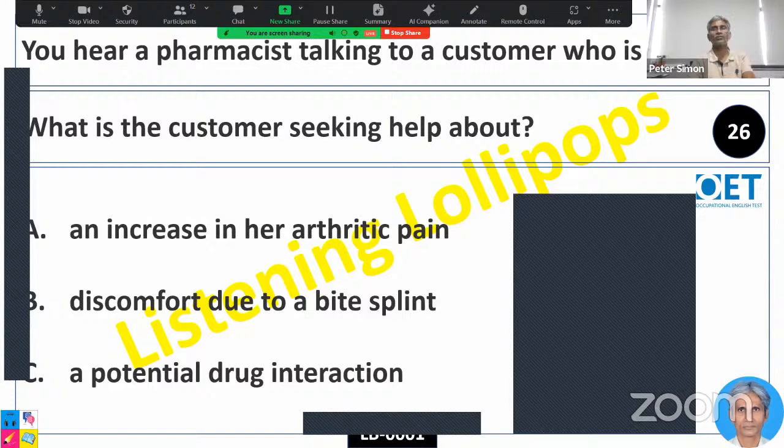Who is offering help? Rajeshwari, a pharmacist, not pharmacists, plural. A pharmacist. Okay, right. So, pharmacist. Very good.